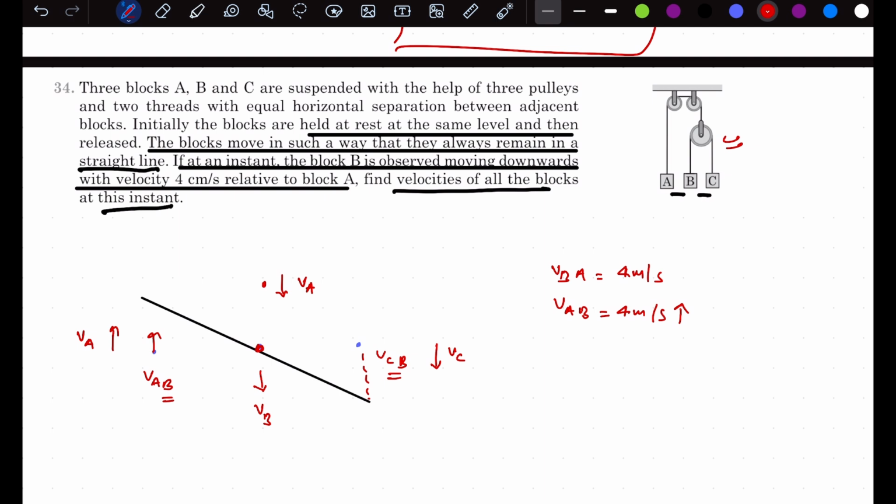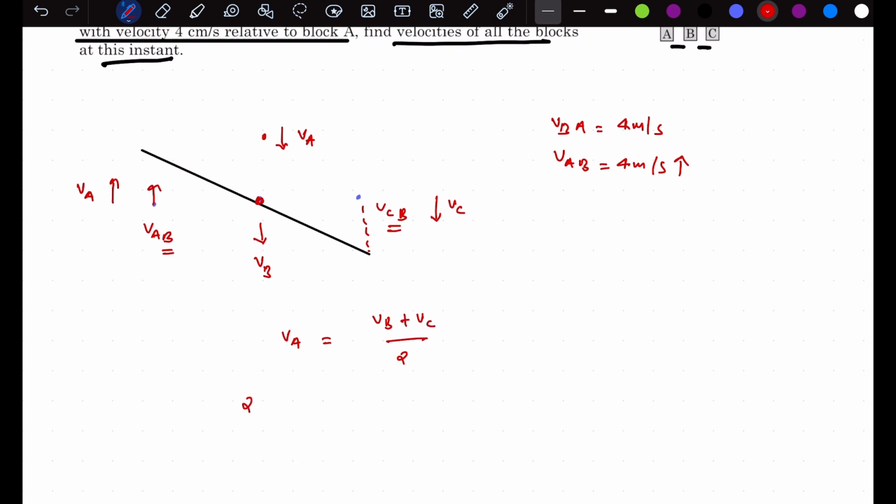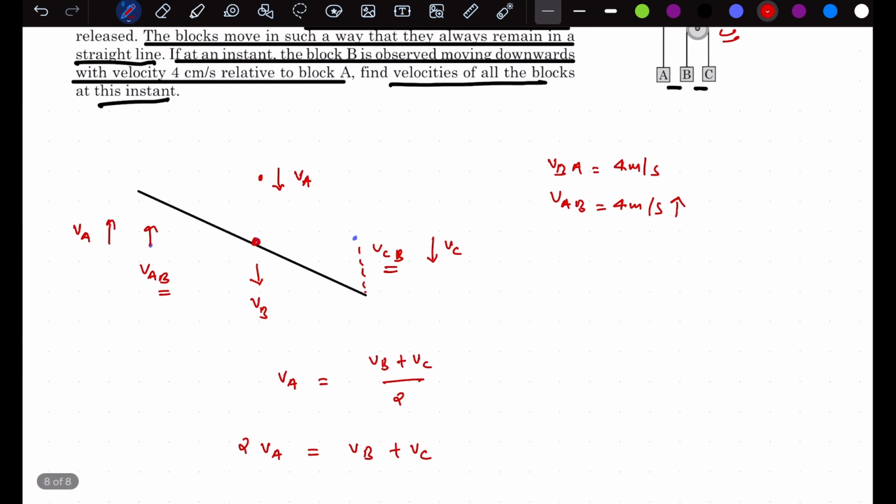So then one thing I can say from the constraint is that VA, which is the velocity of the pulley, is equal to (VB plus VC) divided by 2. All are positive, so that's why I can say 2 times VA is equal to VB plus VC. Another thing I know here, look, VCB and VAB magnitude is the same.